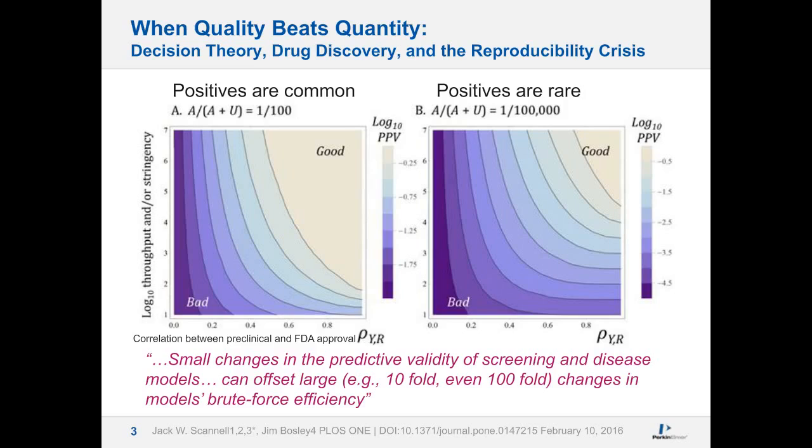This graph from this paper basically shows the relationship between the correlation of your model predictive value and the throughput that you achieve and your chances of success in this process. What this graph tells you is that even small changes in the value of the correlation between your model and the clinical approval improve greatly the chances of finding good drugs.